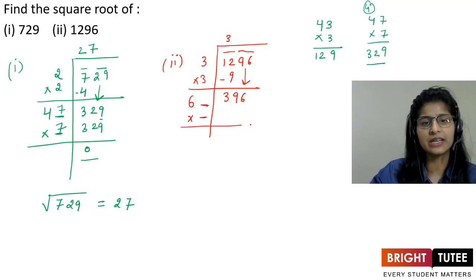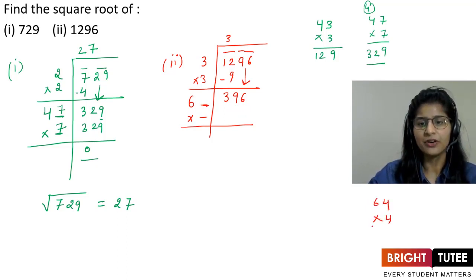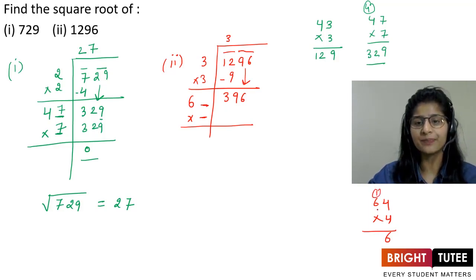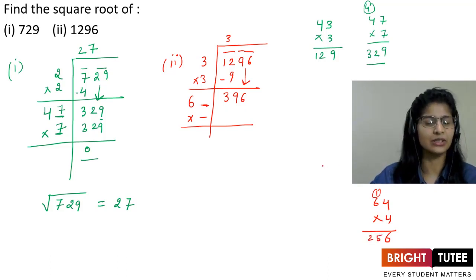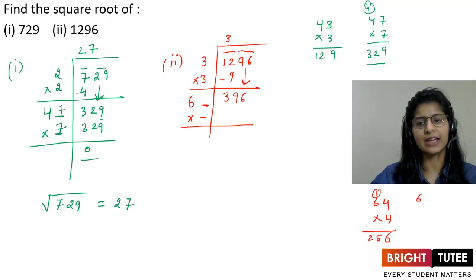Now here you have to think of a digit that you should write so that you get 396 as the answer. Let's try with 4 first. 4 4s are 16, 1 is a carry. 4 6s are 24 and 1, 25. So we get 256, not equal to this. 6 can we get from 6 also.